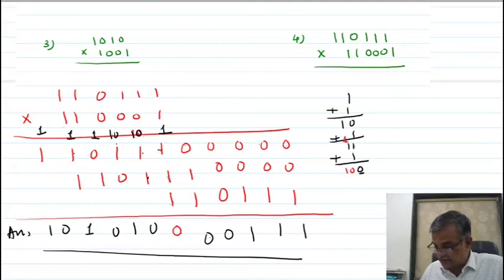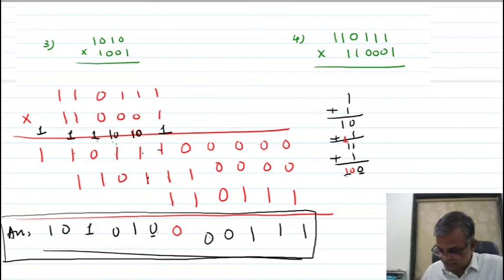And carries 10. 10 plus 1 is 11. 11 plus 1 is 100. From this 100, 0 you are writing, carries 10. 10 plus 1 is 11. 1 plus 1 is 0. 1 plus 1 is very simple. So you can do it. This is a very good problem.